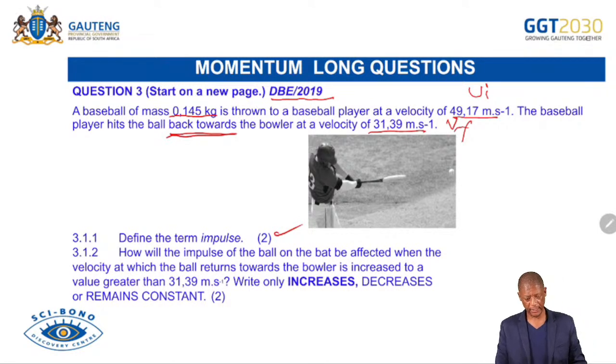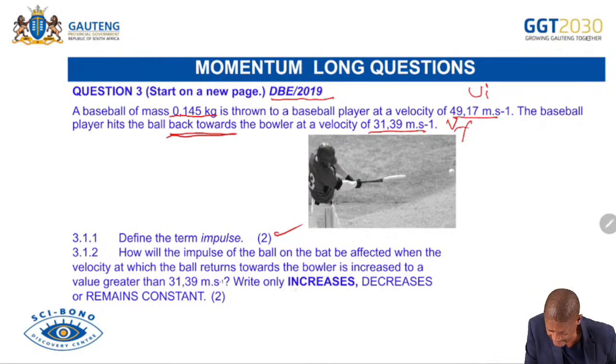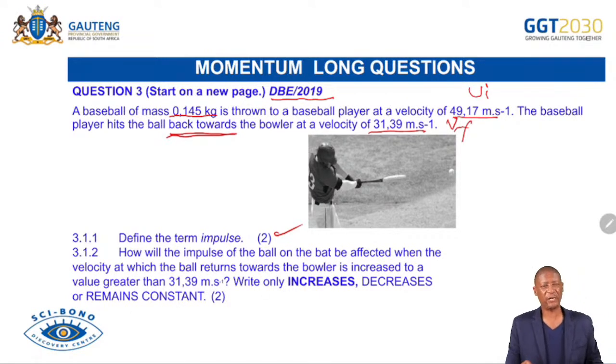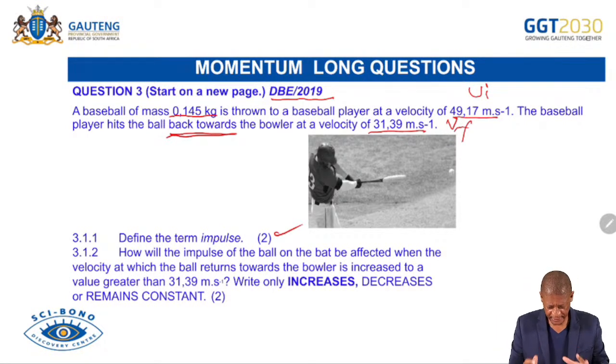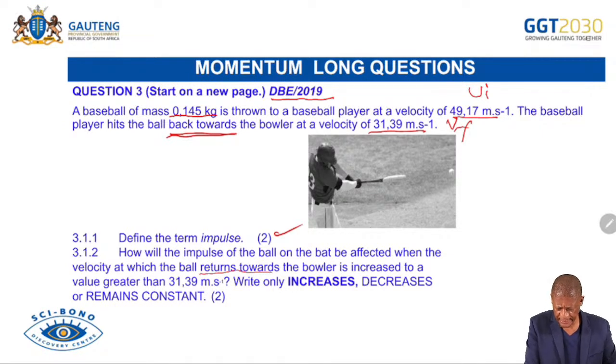Now, here they say you need to choose between increase, decrease, and remain the same. Read the question with understanding. Don't just pick. So it says, how will the impulse of the ball on the bat be affected when the velocity at which the ball returns towards the thrower is increased to a value greater than this?